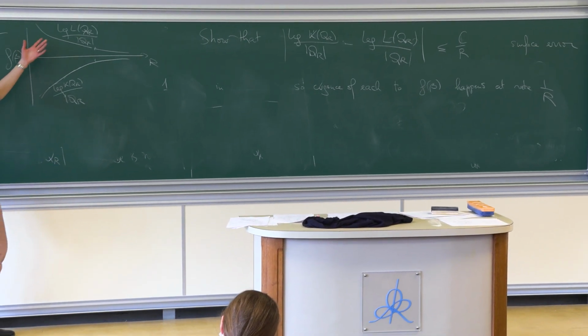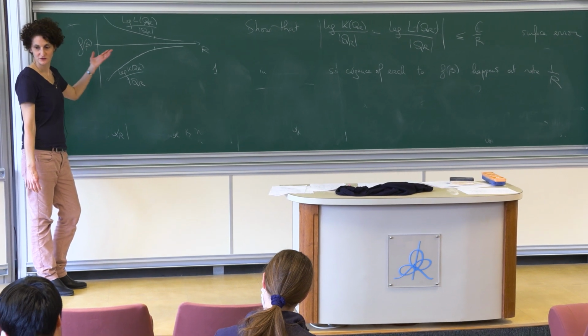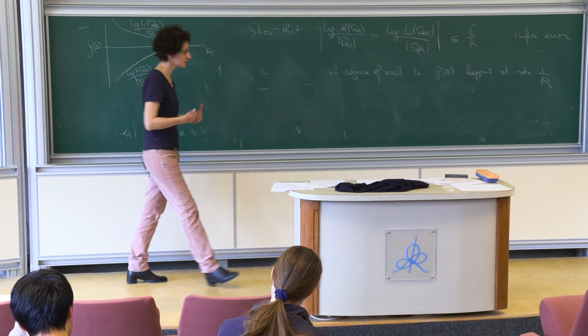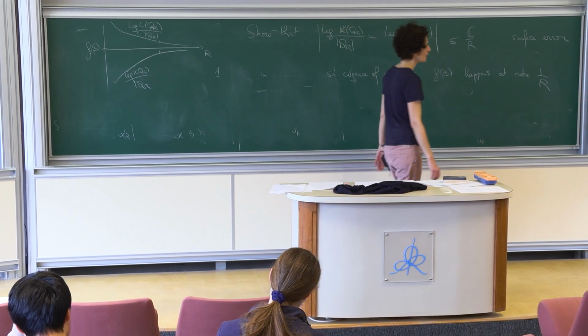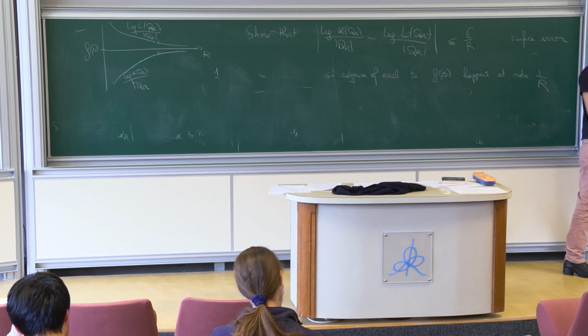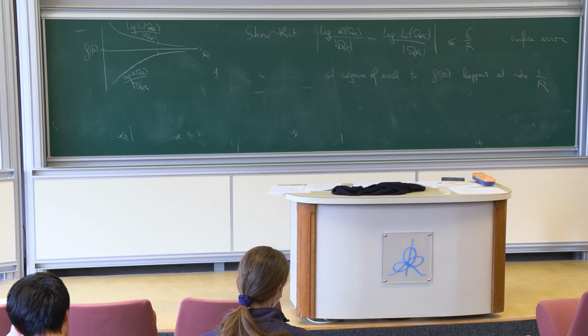That's the advantage of using sub and superadditive quantities, is that you will get this quantitative convergence, provided you can compare the two quantities and show that they are actually close.